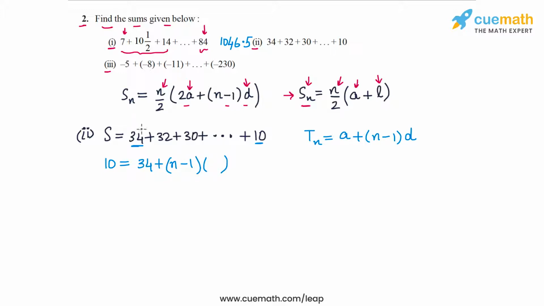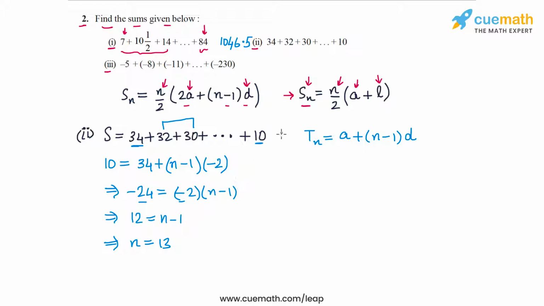Now what is d? Take any pair of consecutive terms like 32 and 30, and you see that d is equal to 30 minus 32, so that's minus 2. From here we get 10 minus 34, or minus 24, is equal to minus 2 times n minus 1, and this gives us minus 24 by minus 2, that's 12. So 12 is equal to n minus 1, and from here we get n is equal to 13.